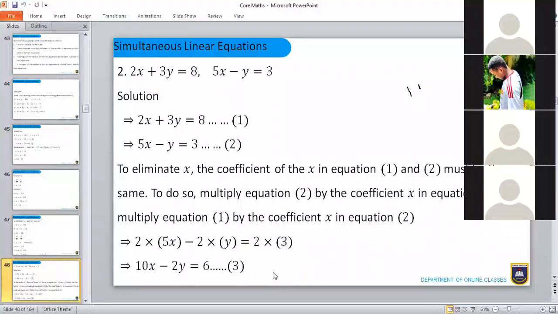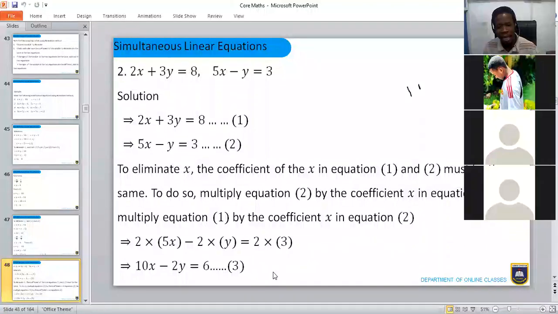But in this case, no variable has the same coefficient. So let's look at the variable that I want to eliminate. As usual, you're eliminating x first. To eliminate x, the coefficient of x in equation 1 and 2 must be the same.